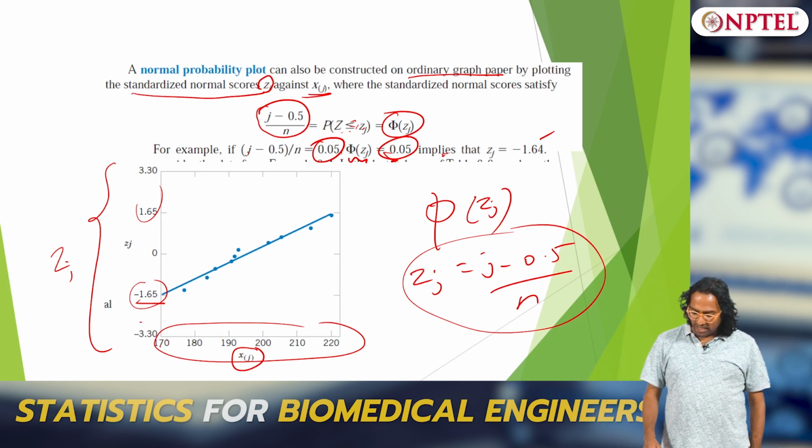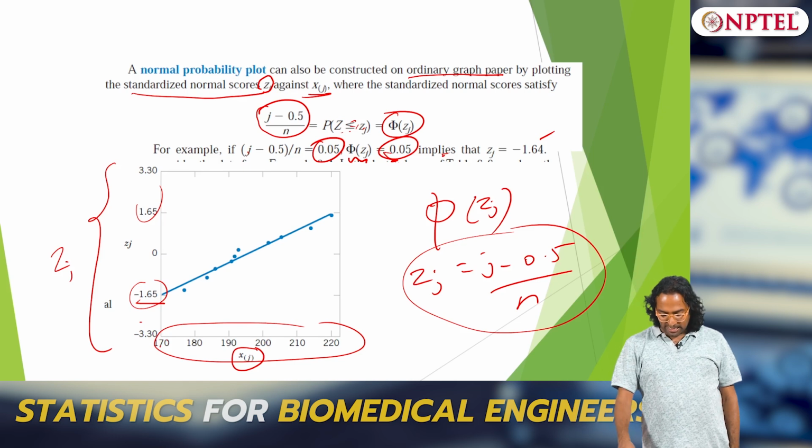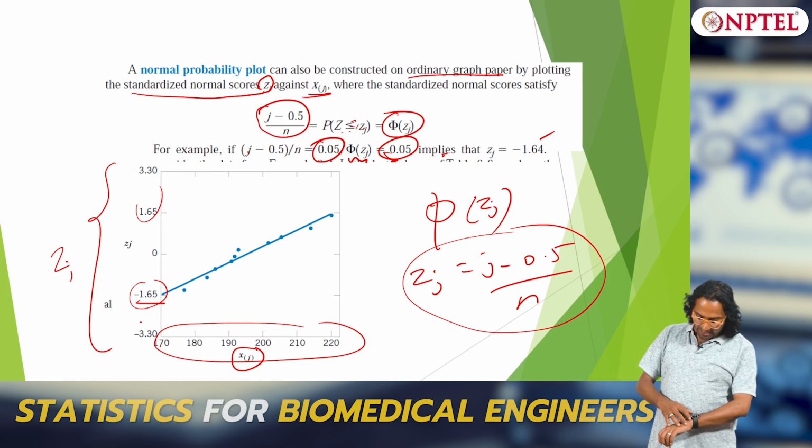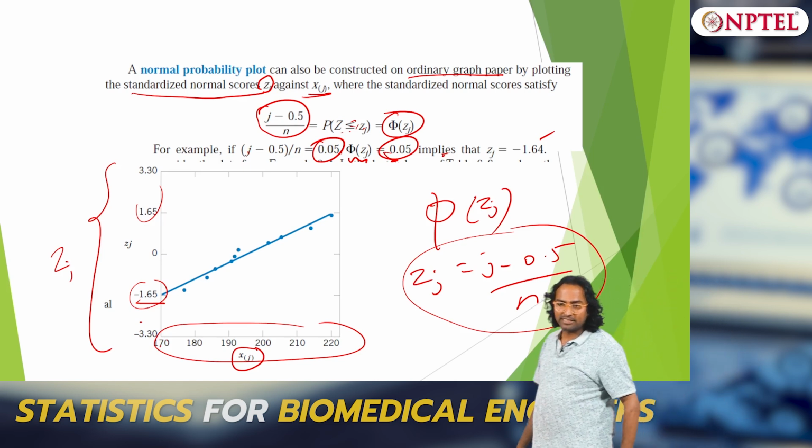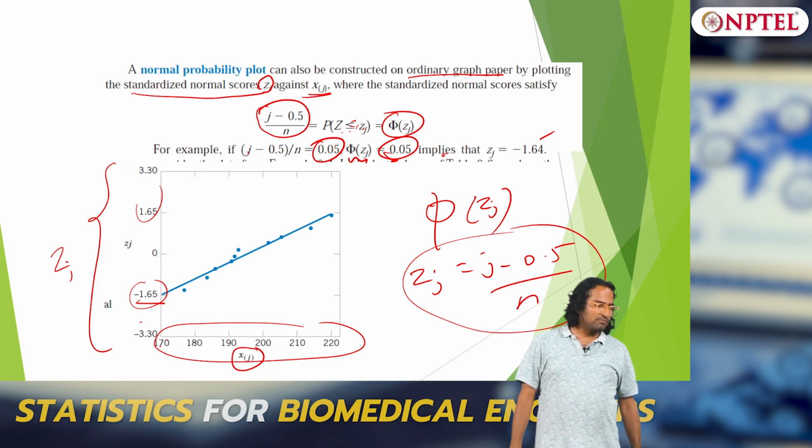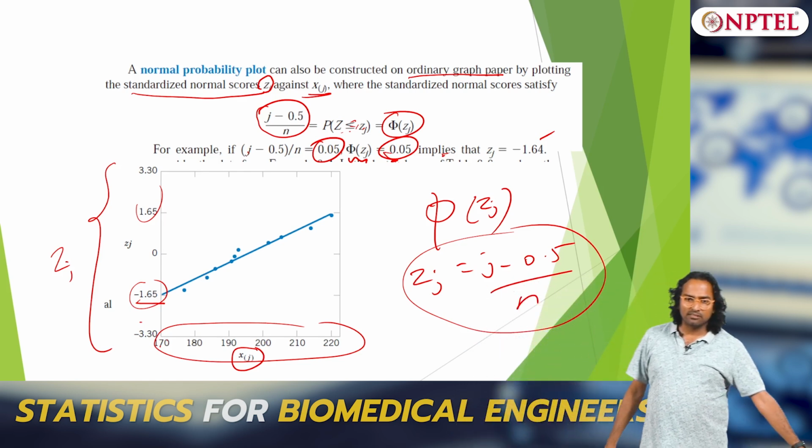This line tells you that the cumulative distribution of your underlying data is the same as that of the normal distribution, standard normal. Make sense? Okay.